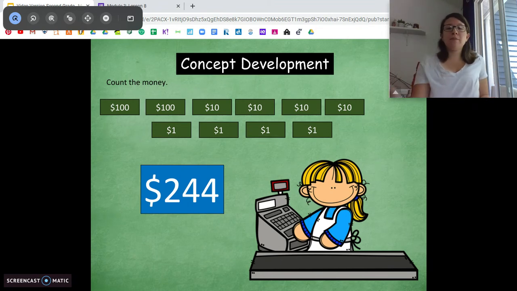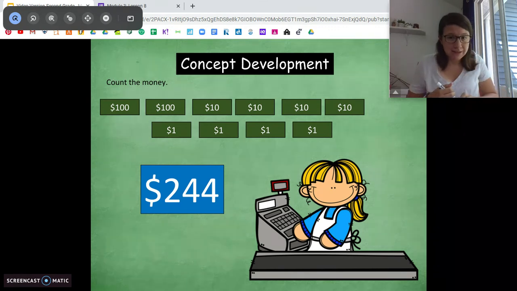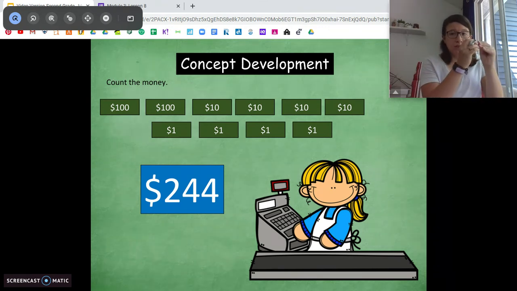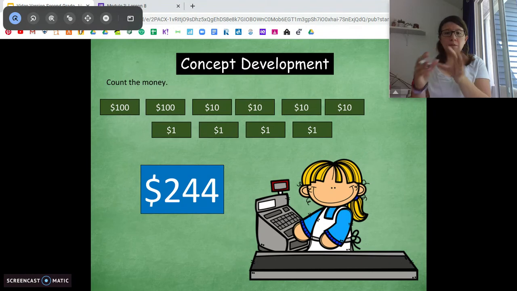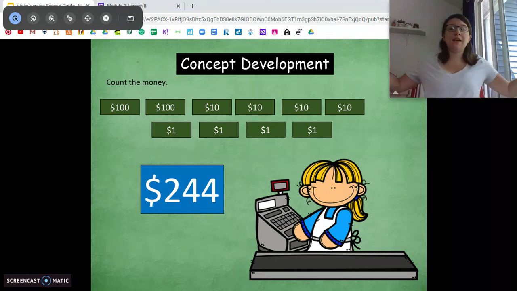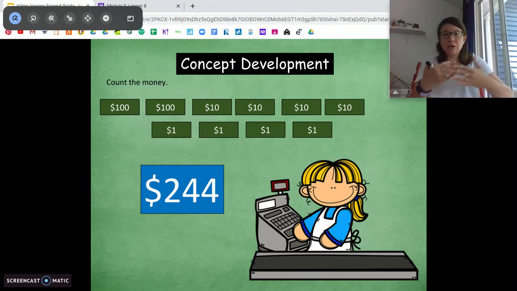Now, I want you to take your paper and I want you to write me the expanded form of this number. So take all your $100 bills together, take all your $10 bills together, take all your ones together, and write me an addition sentence to show me the expanded form of this number.